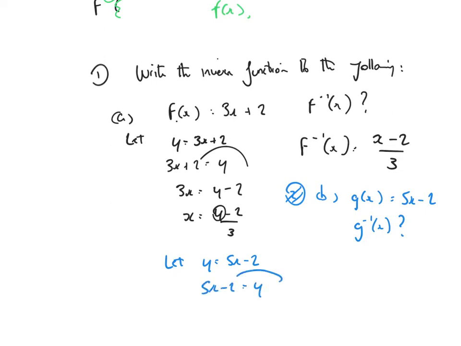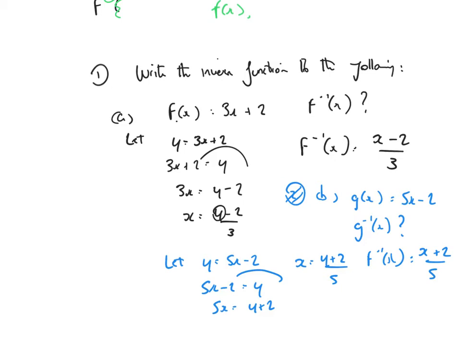That's simple National 5 stuff. 5x equals y plus 2. And then bring the 5 down, divide, x equals y plus 2 over 5. Let's reintroduce the functional notation, so it's x plus 2 over 5.